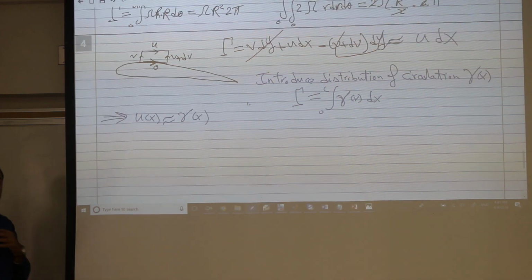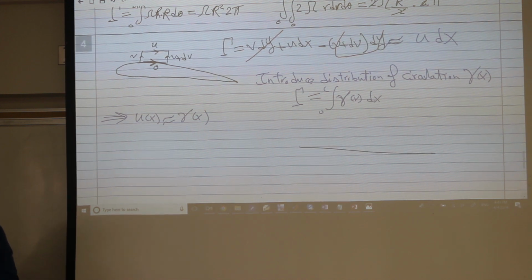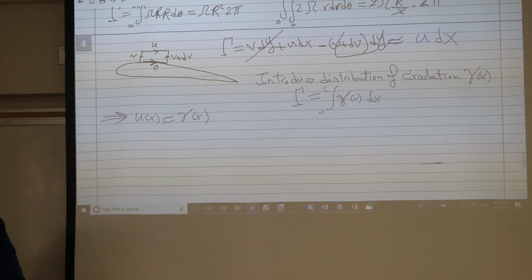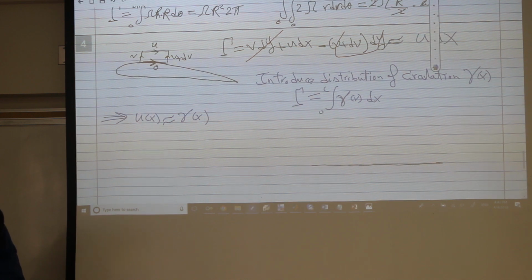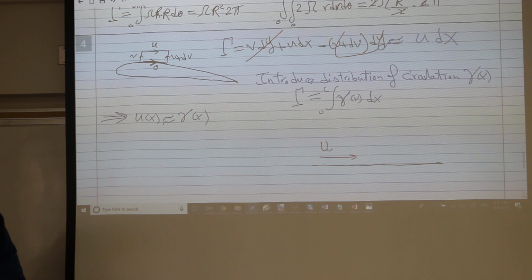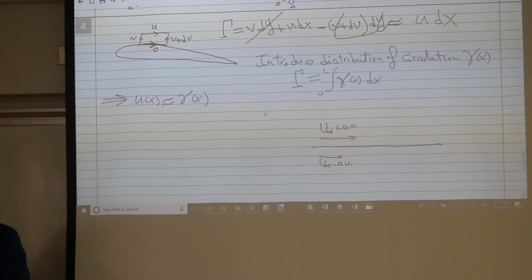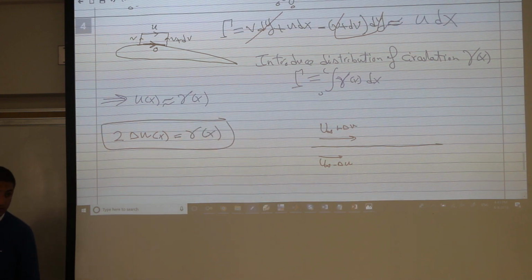If I'm focusing on the difference between the upper and lower surface, if I have a very thin plate, and I have here U plus delta U, and I have there U minus delta U, then actually the relation would be the half effect. So twice delta U will be your circulation distribution. And this is a very essential relation in thin airfoil theory. Okay?